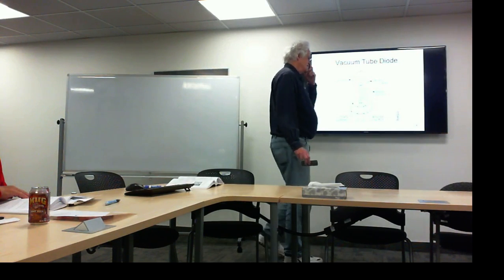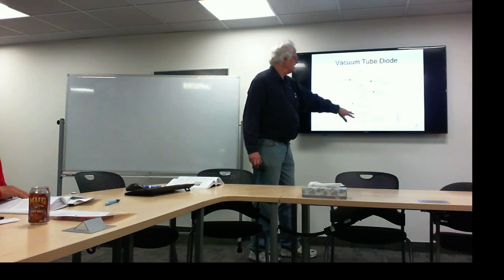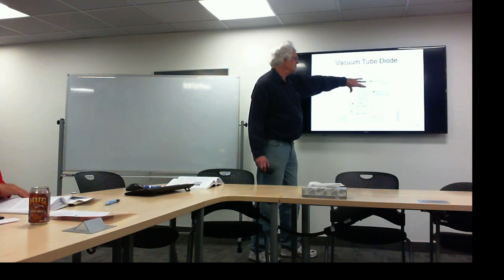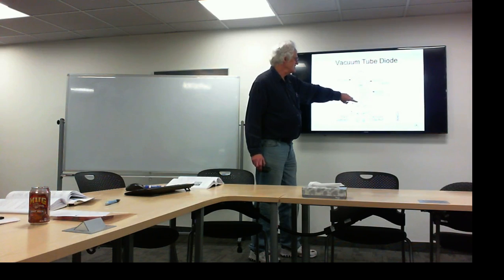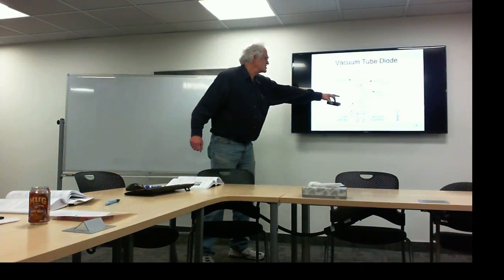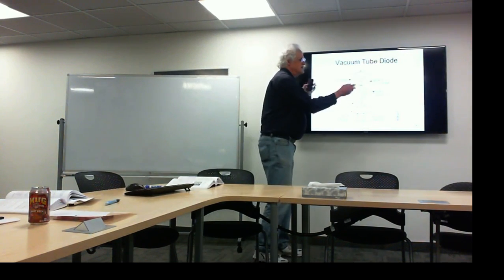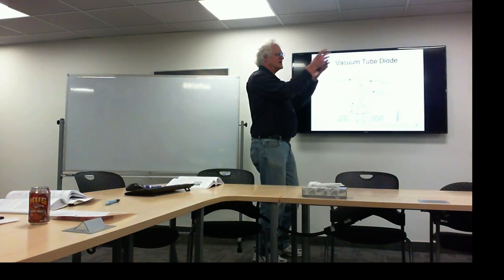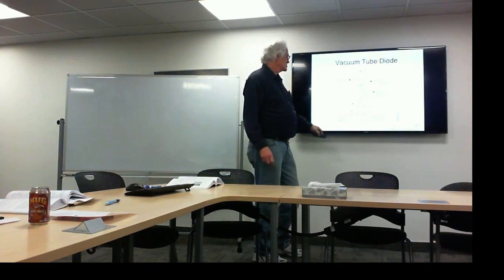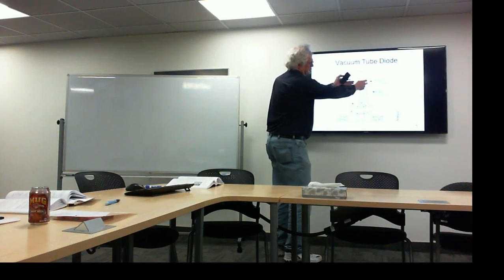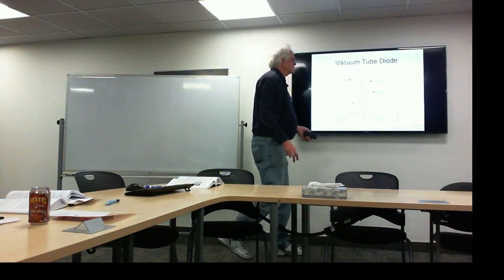When you heat this element, especially when this is all in a vacuum, when we heat this cathode, this little metal tube, it tends to start having loose electrons. The term for this is thermionic emission. When you heat it up, it starts giving off loose electrons. So once we get this heated up, we have this container full of loose electrons looking for somewhere to go.